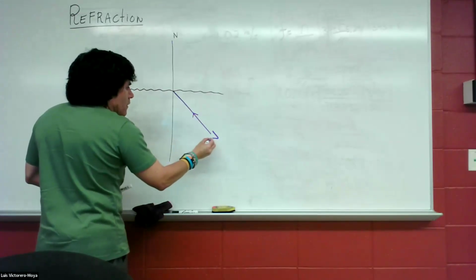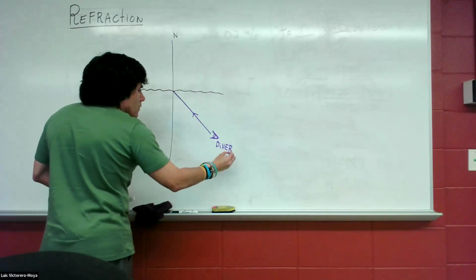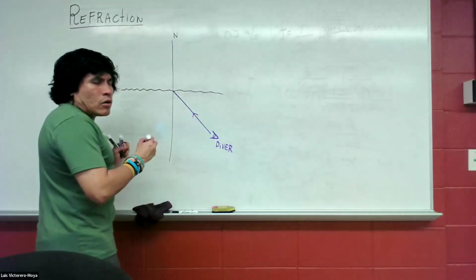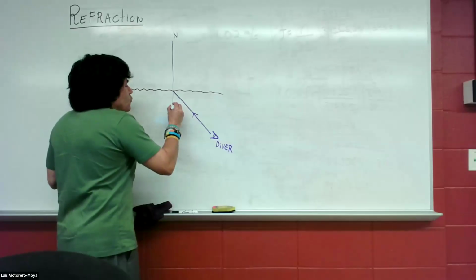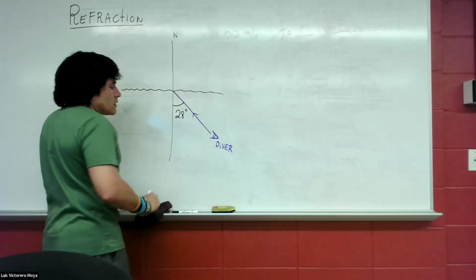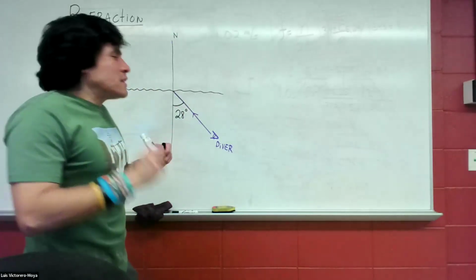So this is the scuba diver, and he or she is looking at the sun at an angle of 28 degrees with the vertical. That's the vertical. What's the actual direction of the sun?